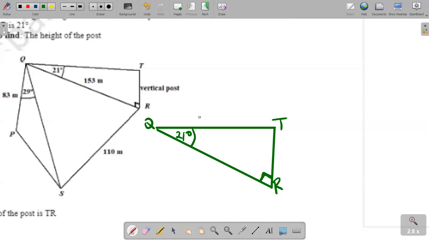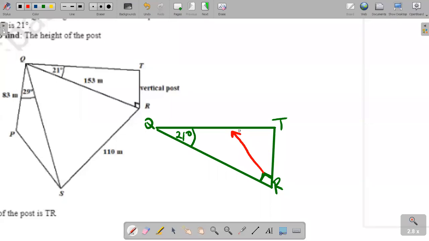Which line is the hypotenuse? And this is why, I'm gonna be honest with you, this is a setup question. You know why this is a setup question? QR looks like the hypotenuse, but based on what you should know, where is the hypotenuse? The hypotenuse is opposite of the right angle.